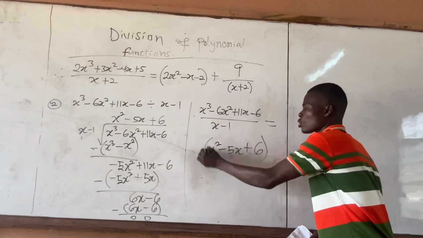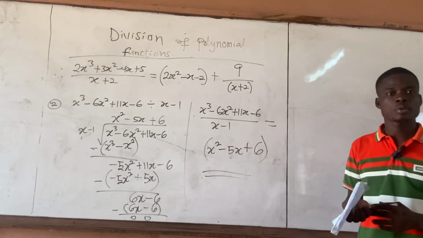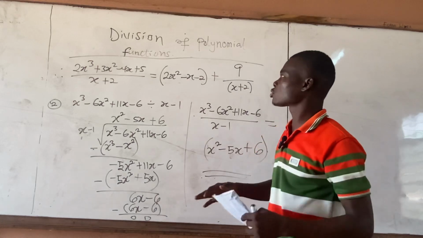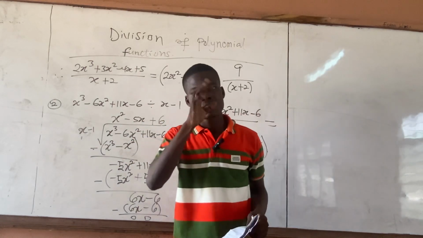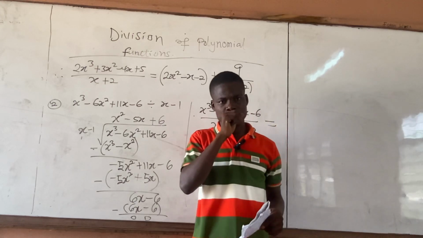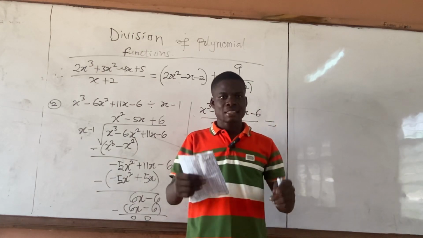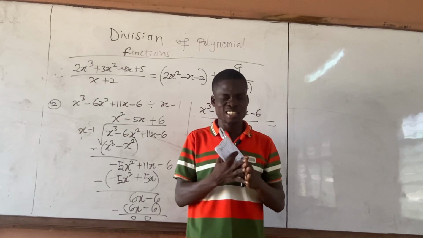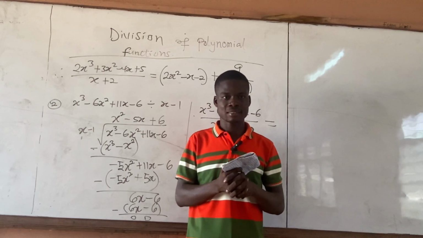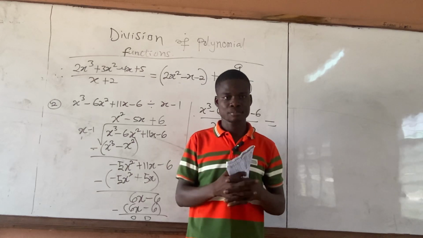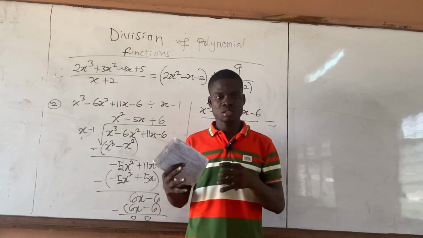Here, there will be no what? Remainder. There will be no remainder. So this is how to divide a given two polynomial function. Always, you have to make sure that the exponent at the denominator side shouldn't be greater than that of the numerator. So take note of that.